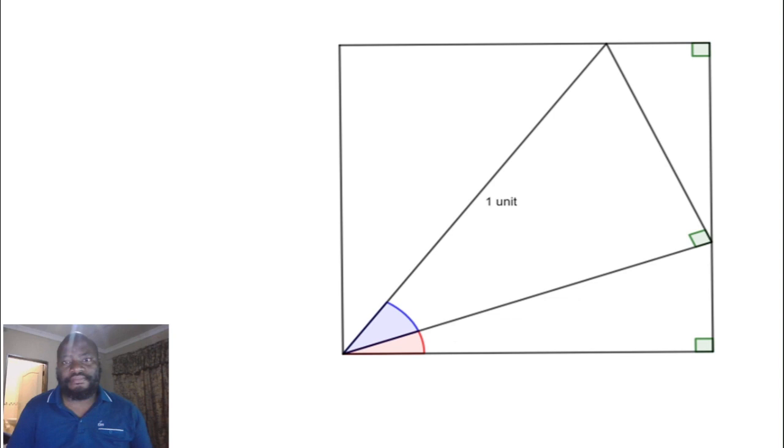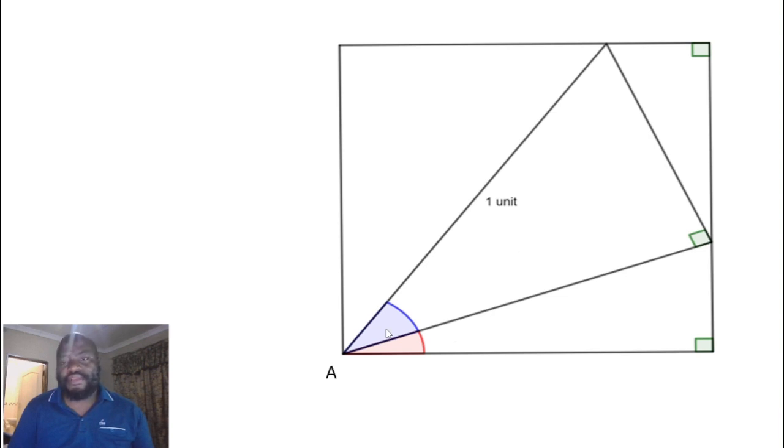Say we have a rectangle, and from one of its vertices there is a line coming to somewhere on the opposite side of the rectangle, and that line is 1 unit.